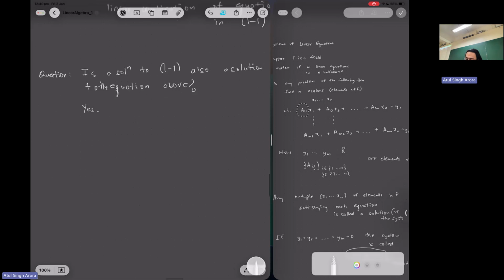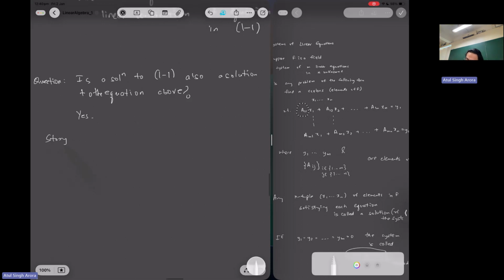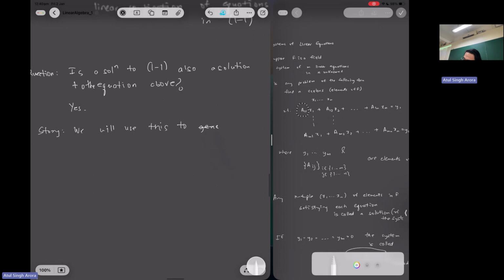So now we can use this idea to define a notion of equivalent systems.